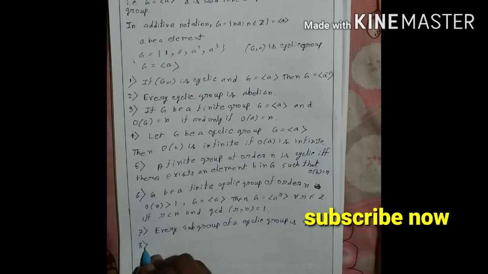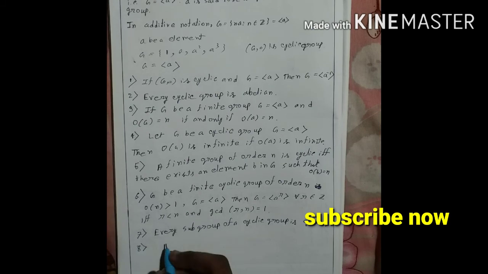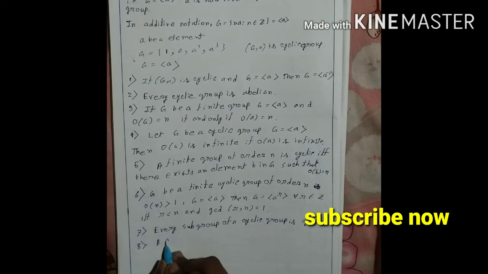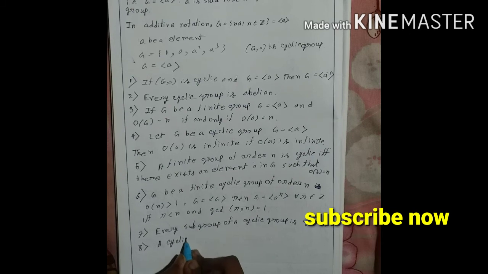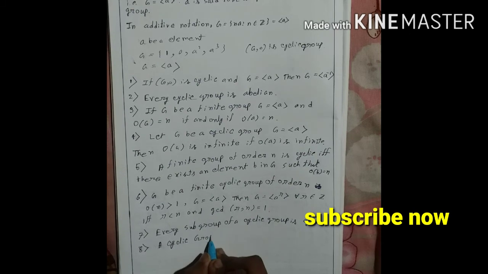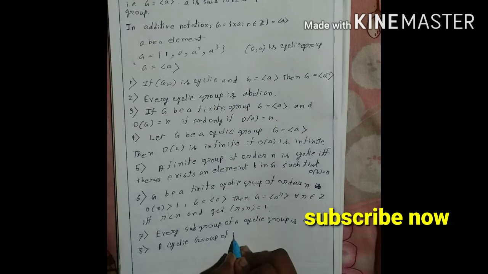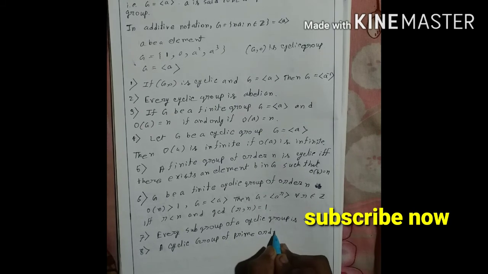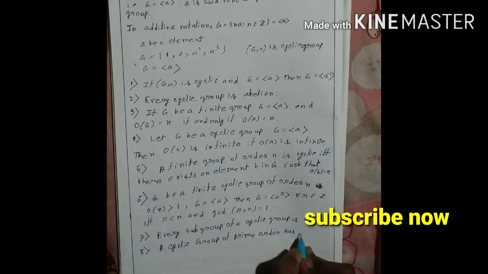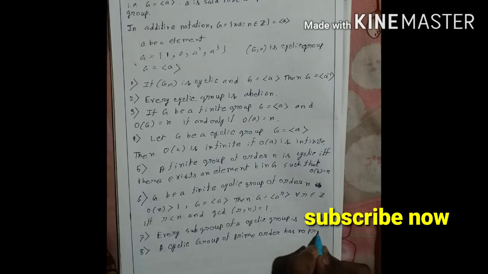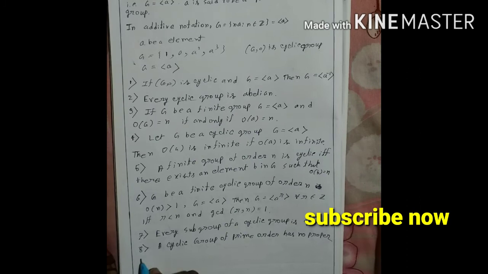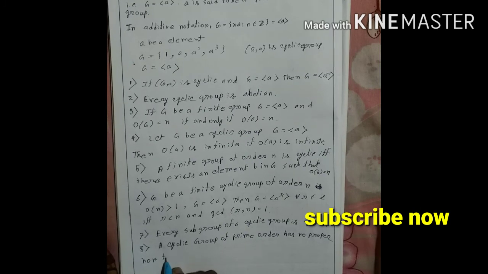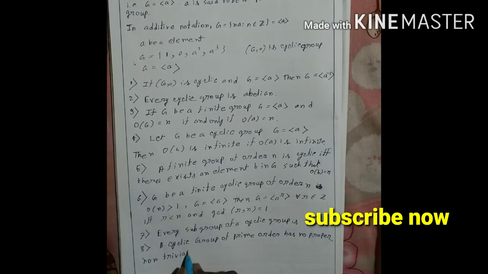Eighth, a cyclic group of prime order has no proper non-trivial subgroup.